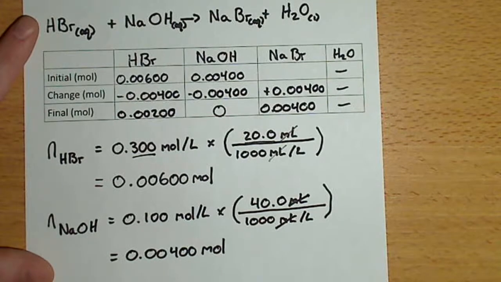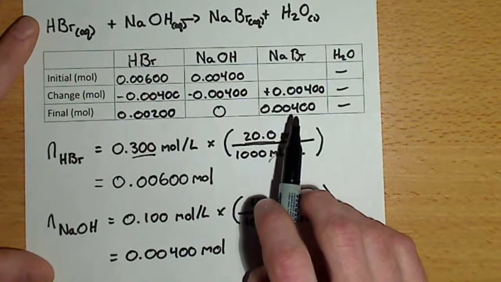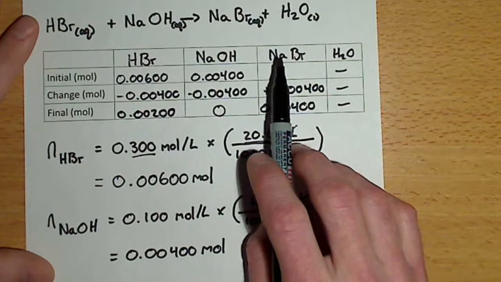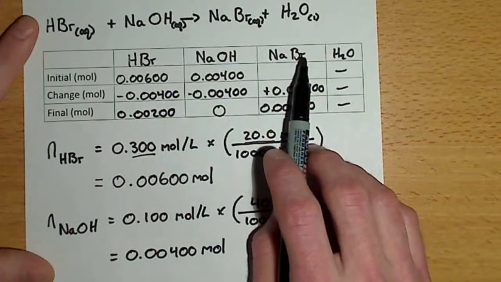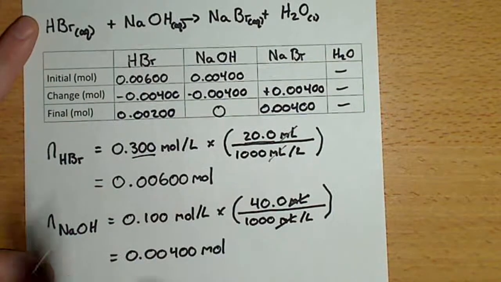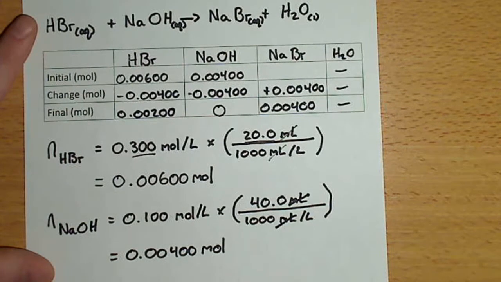Now, the thing we have to think about is, does sodium bromide affect pH? Well, when sodium bromide dissociates, it will form sodium ions and bromide ions. However, because they both came from strong acid or strong base, they both have a negligible impact on pH. Or in other words, they won't remove a hydrogen ion from water to form hydroxide.